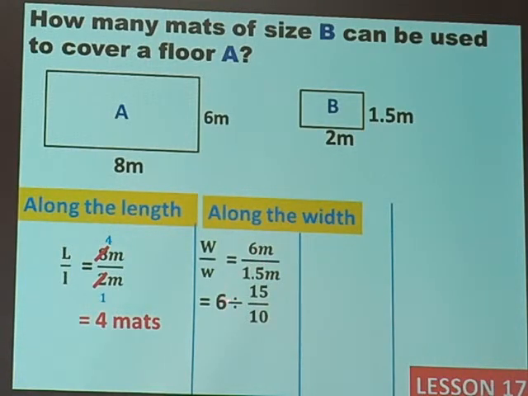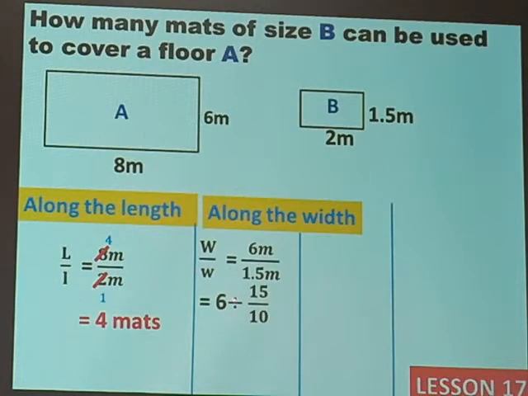So now it is 6 divided by 15 out of 10, which means I have changed the decimal 1.5 to a common fraction, which is 15 out of 10. From there, for us to proceed, we need to change this division sign to multiplication, and it's going to affect the fraction which comes after. You have to get the reciprocal of 15 out of 10.